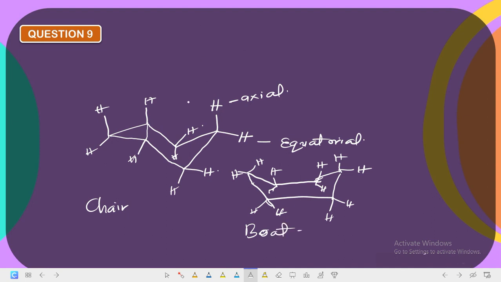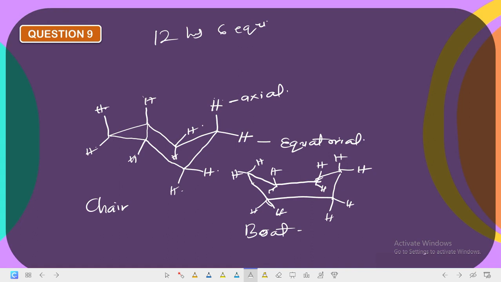Now, if you look at this structure very well, we are supposed to have 12 hydrogens in total. Out of the 12, 6 are equatorial and 6 are axial. Let's count. This is 1, 2, 3, 4, 5, 6. All these ones are what?